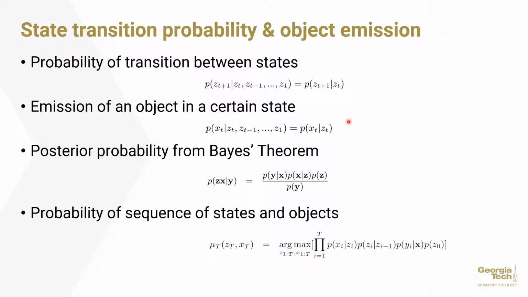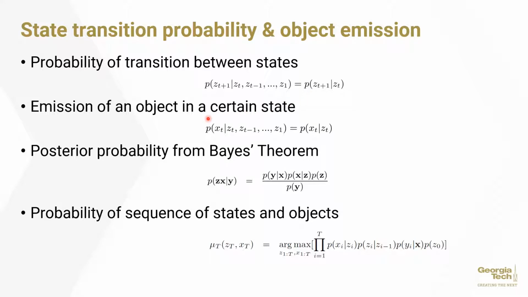For example, the probability of transition between states: what is the probability of Z of T plus 1, given that I am currently in state Z of T? So what's the probability of going to the next state, given that I'm in this current state, Z of T? That's predefined, and you would put that into the matrix in the system.